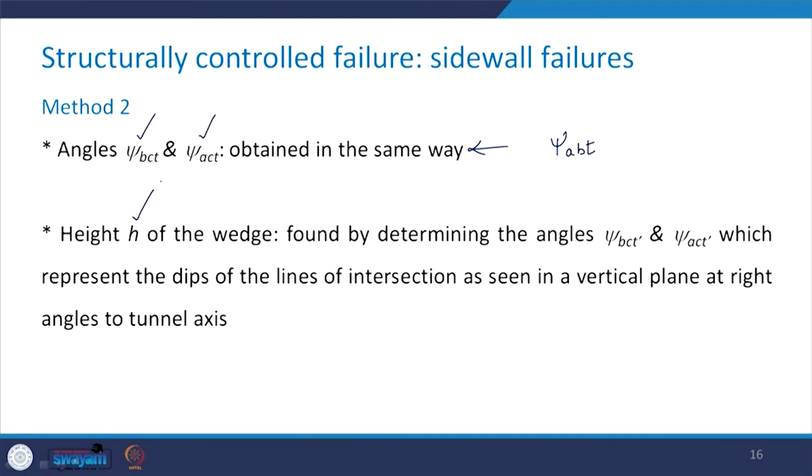This is obtained by determining the angles psi BCT prime and psi ACT prime, which represent the dips of the line of intersection as seen in a vertical plane at right angles to the tunnel axis. That is why a prime has been added, because these are the angles seen in a vertical plane at right angles to the tunnel axis.